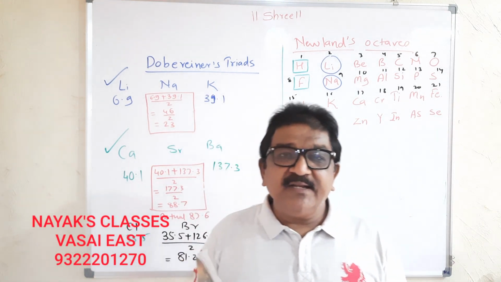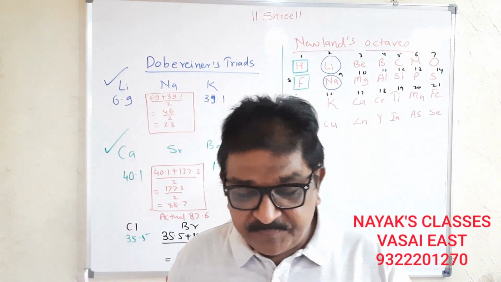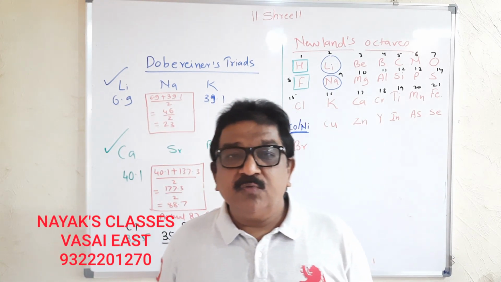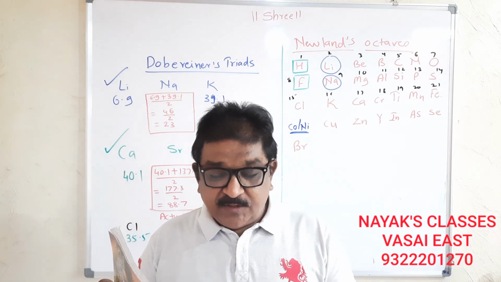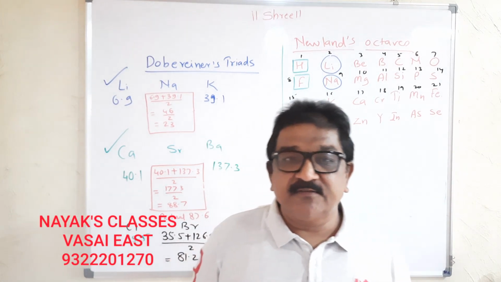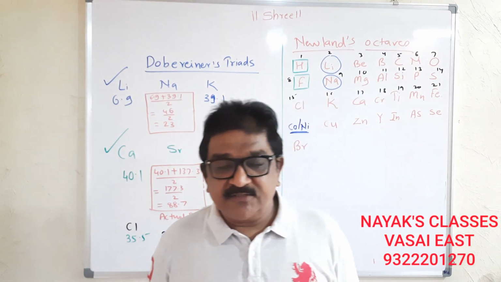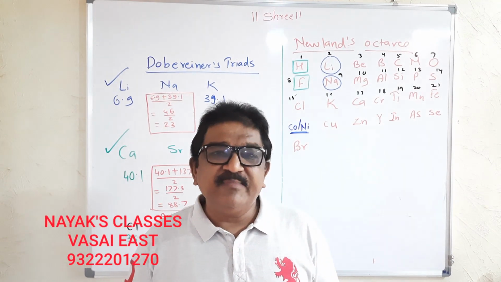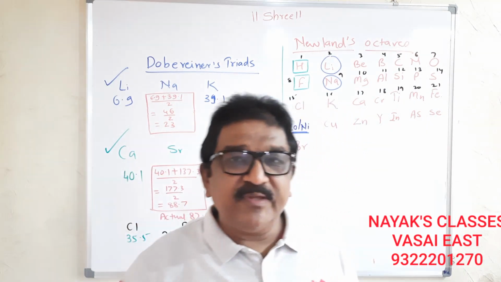In 1817, a German scientist, Johann Wolfgang Dobereiner, suggested that properties of elements are related to their atomic masses. This was the fundamental sentence. He said, the way these elements are behaving is related to their atomic masses.